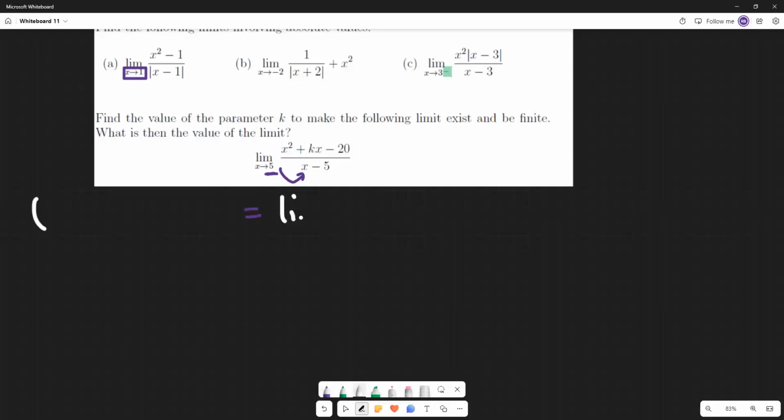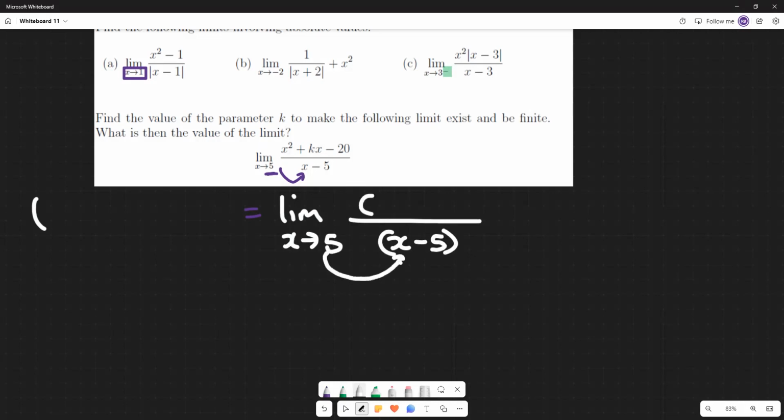I'm going to say limit as x approaches 5, then here I have x minus 5. Remember the rule is if I want to substitute here and I get 0, usually I have to factorize the top. And I can see that here it's x squared, so I know that the top must be a trinomial. Then I'll open 2 brackets. And I know that one of the brackets must be exactly the same as the bottom, so they can cancel each other. So this will cancel that. Then here I must have x plus 4, so that I still get -20 when I multiply those.